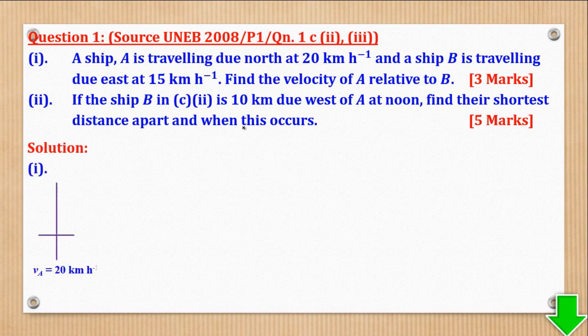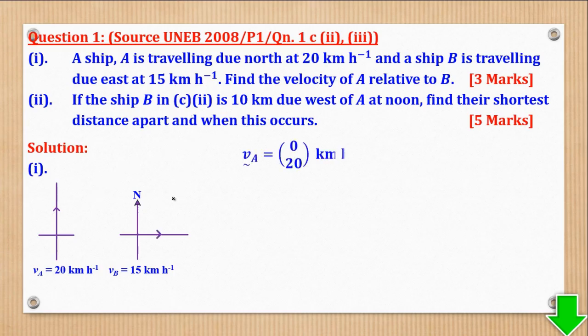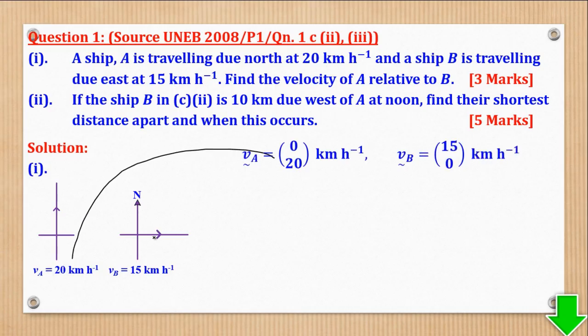So we shall need to draw our diagrams to convert the magnitude to vector form. So this is VA due north. We also have VB, which is due east. So in vector form, VA will be entirely vertical, so it will be 0, 20. And VB is entirely horizontal, so it will be 15, 0.